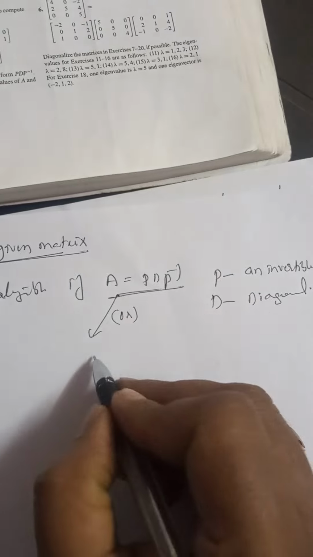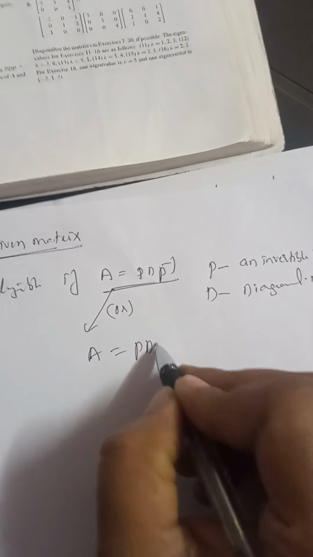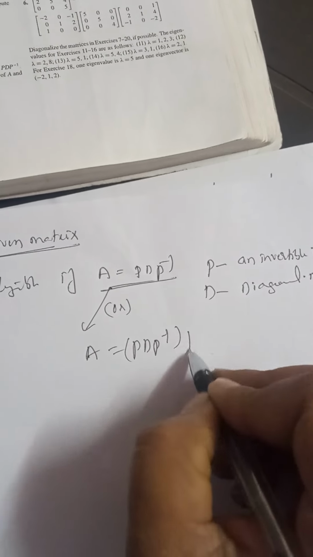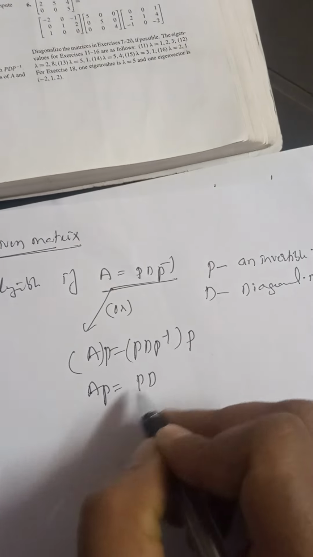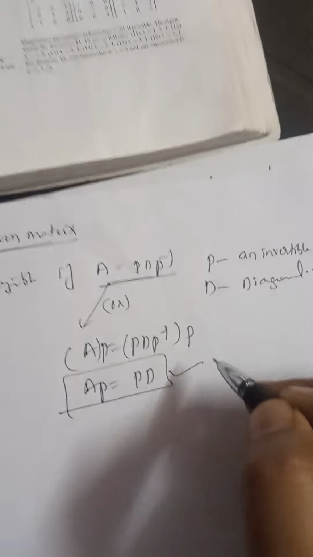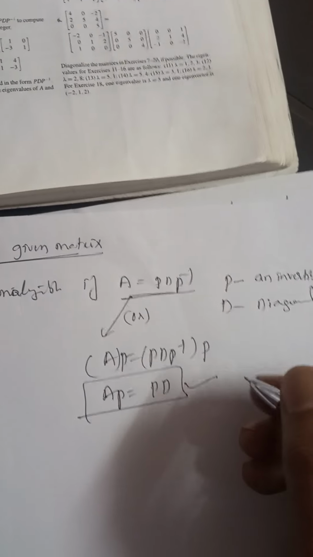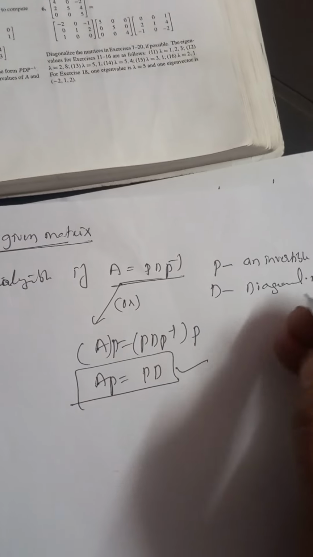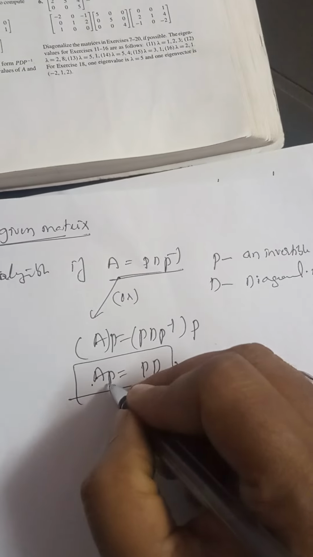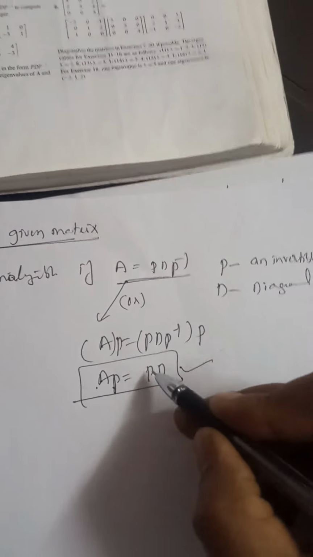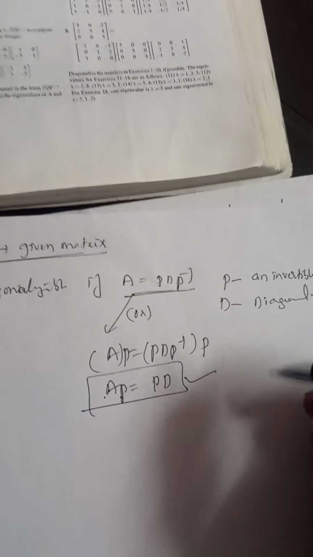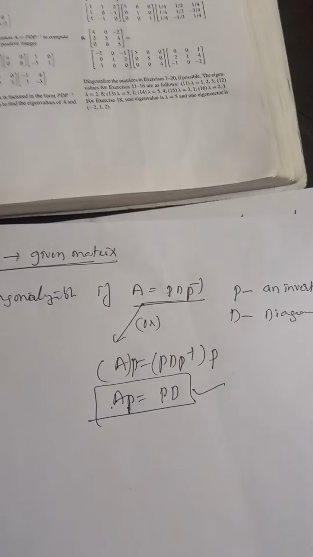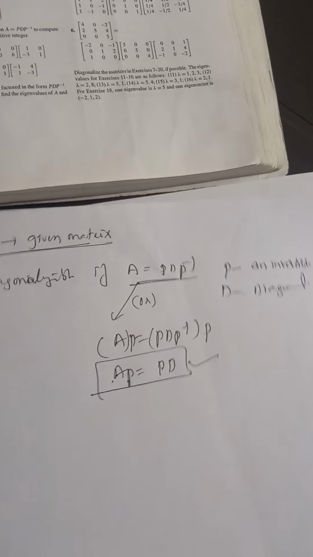If you multiply both sides, post multiplying by P, what will you get? AP is equal to PD, right? If AP is equal to PD, then A is said to be diagonalizable. If the product of A and P we find, and the product of P and D we also find, and they are equal, the given matrix is said to be diagonalizable, right?